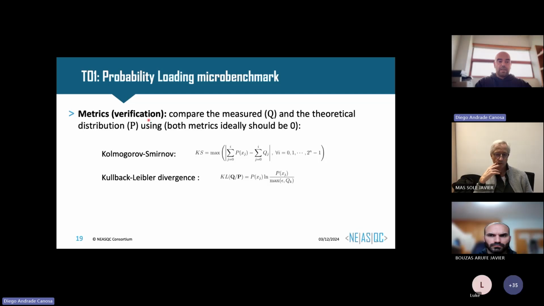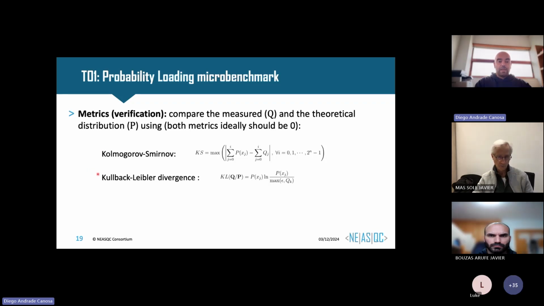In the verification metrics, in this case, we are going to compare two probability distributions. In order to do this, we have many tools in statistics, so we pick two of them. One of them is Kolmogorov-Smirnov, and the other one is Kullback-Leibler divergence.